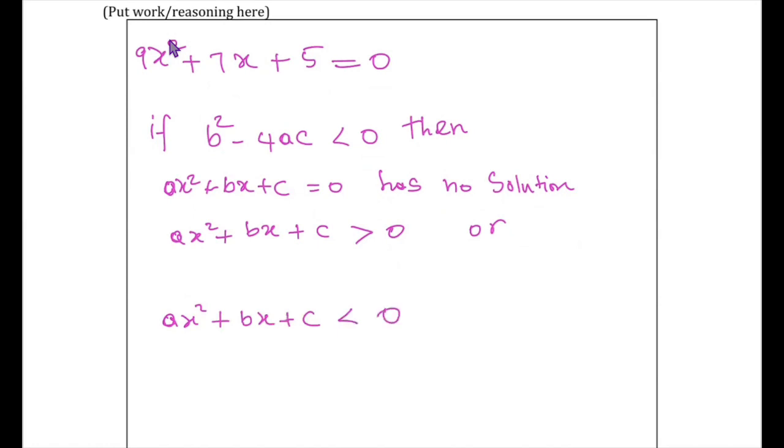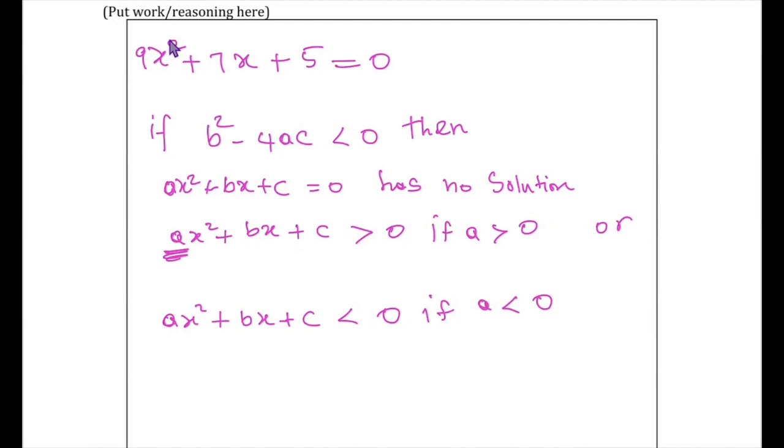Now we know that it is greater than 0 if a is greater than 0. a is the coefficient of x squared. If a is greater than 0, and it's less than 0 if a is less than 0.